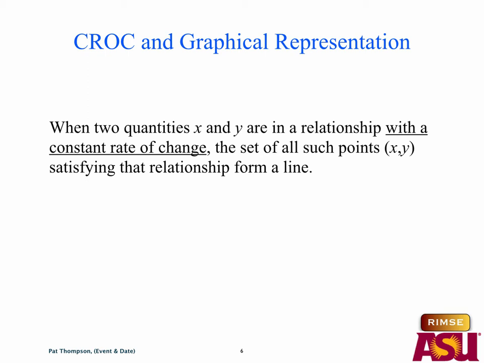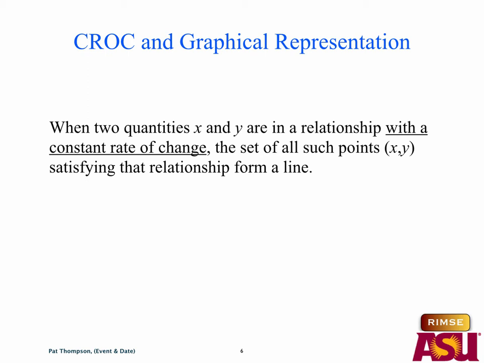We talked about how you could graph the relationship between two quantities. And so I'd like to talk about now how we can represent constant rate of change in a graphical setting, okay? So when we have two quantities, x and y, that are in a relationship with a constant rate of change, the set of all points satisfying that relationship form a line, okay?